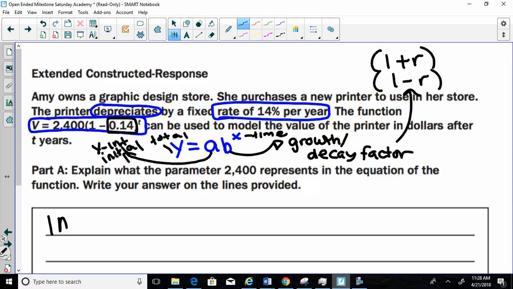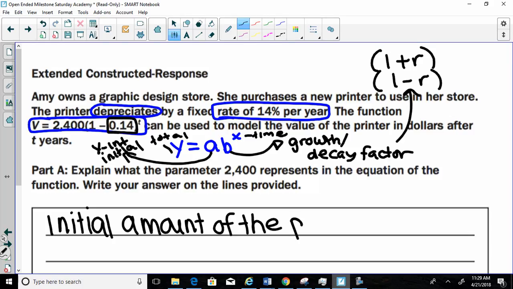Initial, your y-intercept. Remember, initial and y-intercept are the same thing. The initial amount of the what? The printer.